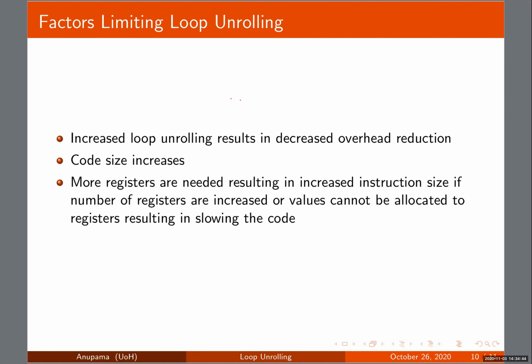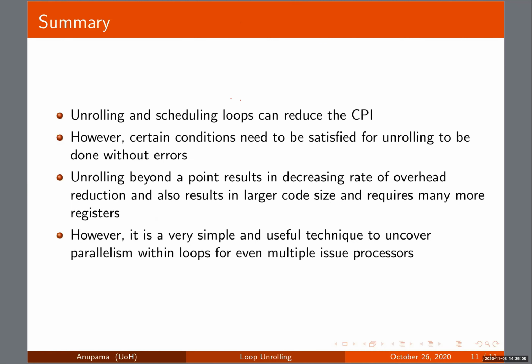And therefore, you probably end up having more fetches from memory into registers than if you were not doing loop unrolling. This is called register pressure. And that is one of the most important limiting points for loop unrolling. So we can only unroll up to a certain point.